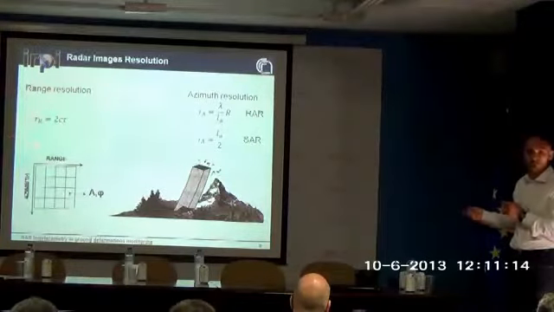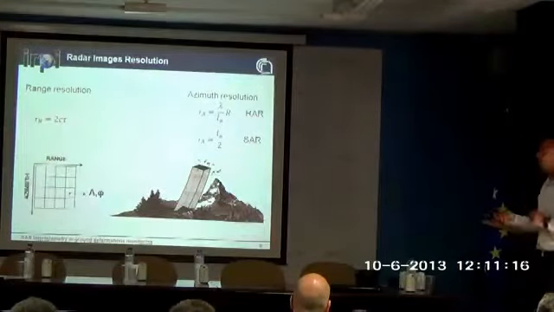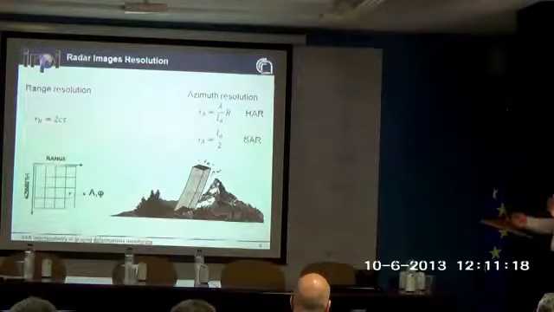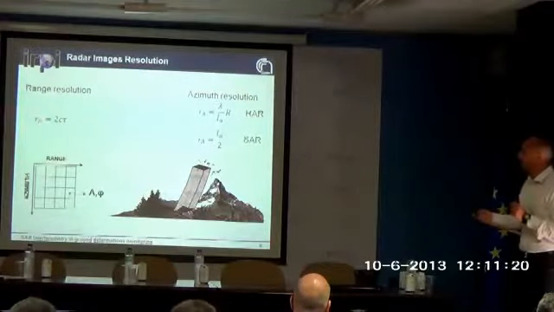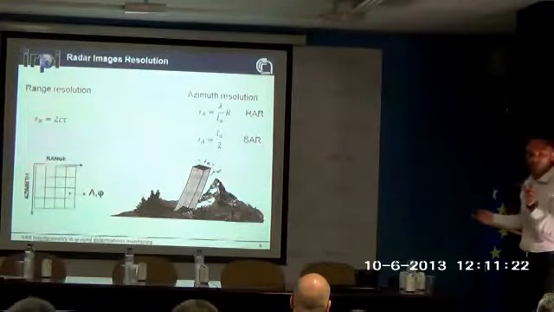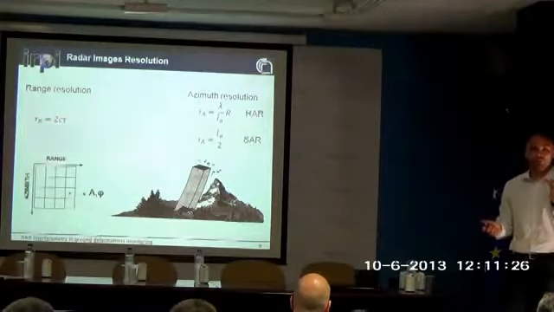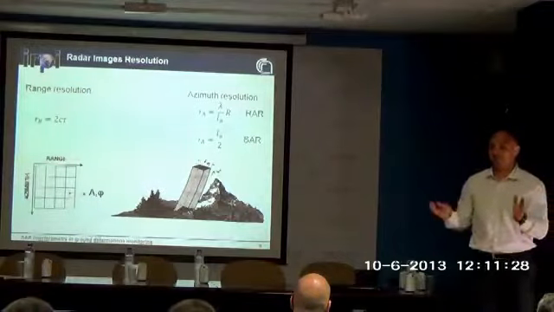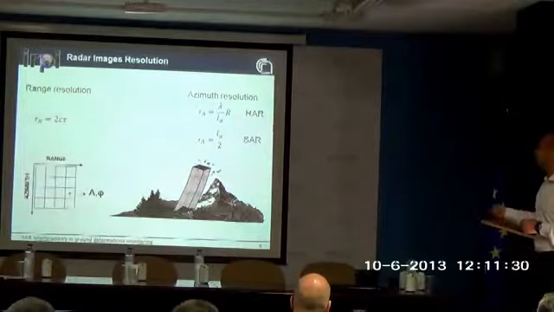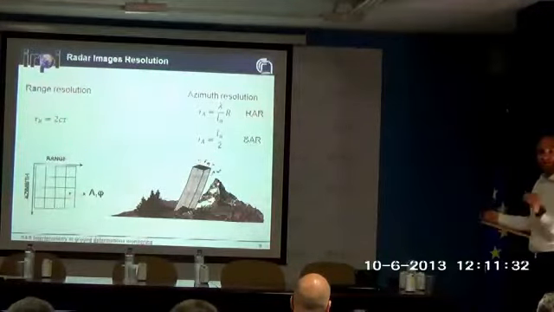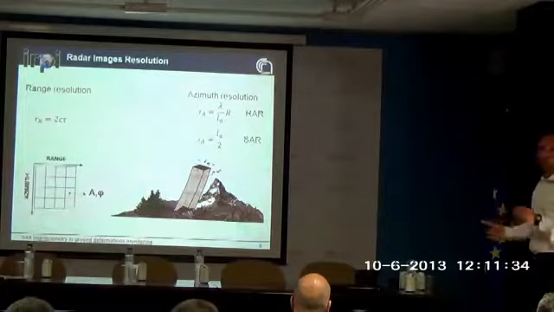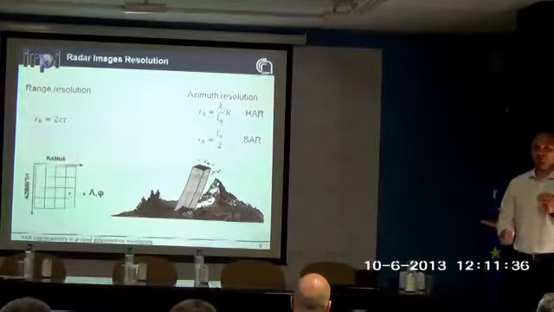C is the speed of light, so it's a constant. In order to have a better resolution, this quantity has to be smaller and smaller. 1 meter is a better resolution than 10 meters, right? So we have to reduce this pulse. But this pulse also carries the energy of the radar.